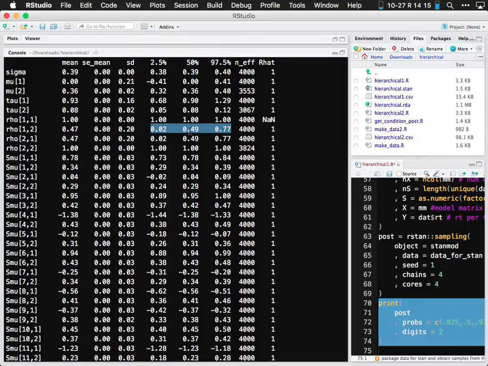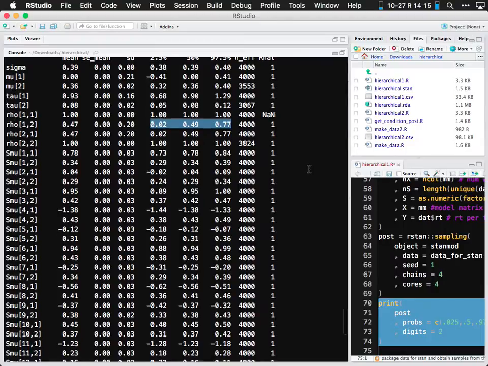It's probably positive. It's so broad that you wouldn't really want to make an assertion as to how strong the correlation is. If that were much smaller, you could start talking about the actual size, strength of the correlation, but there's a correlation there and it's probably positive.